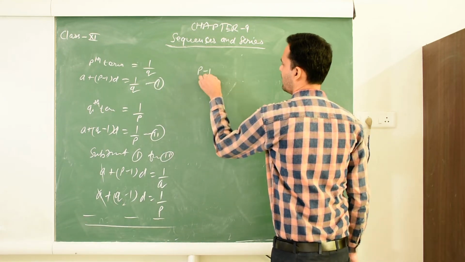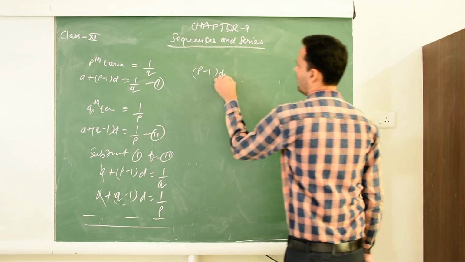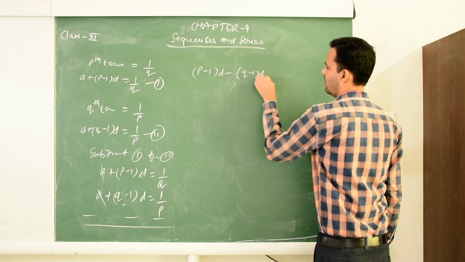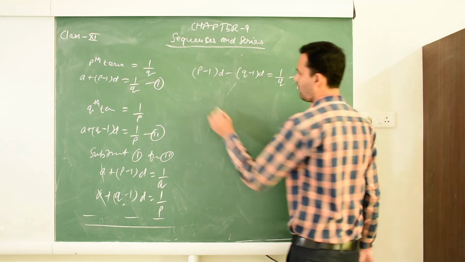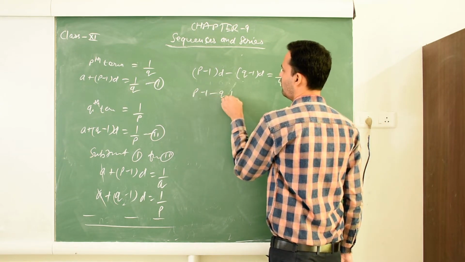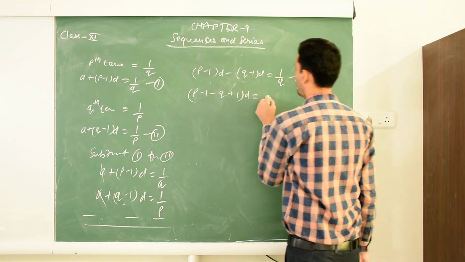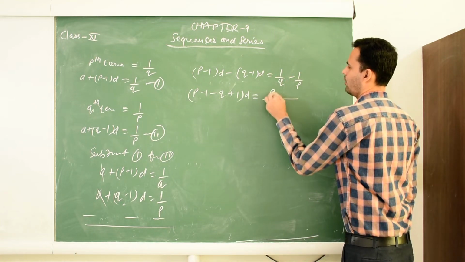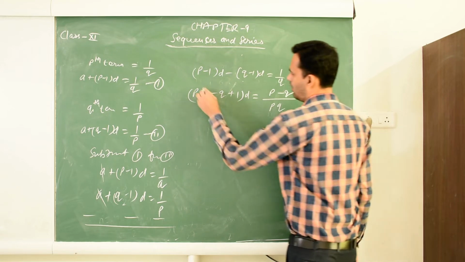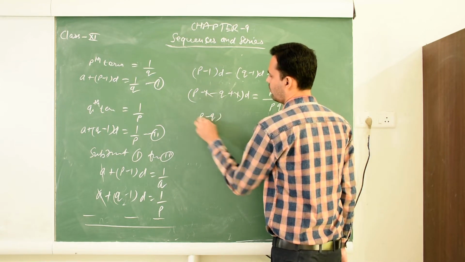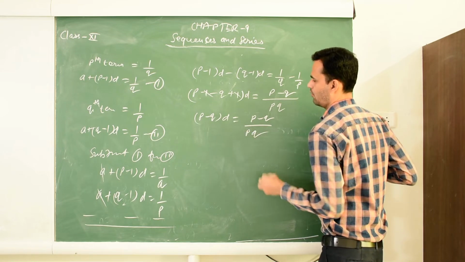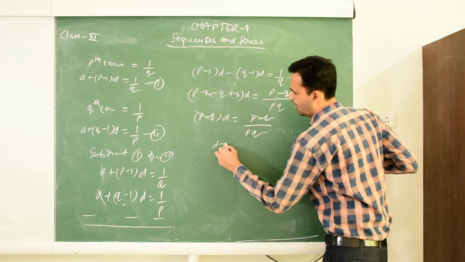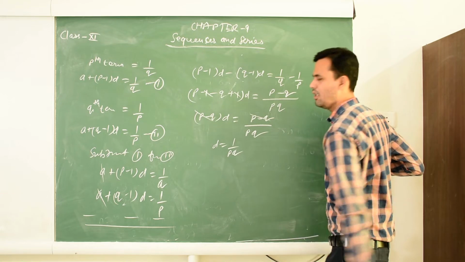It is (p minus 1) into d minus (q minus 1) into d equals 1 upon q minus 1 upon p. So (p minus 1 minus q plus 1) into d equals (p minus q) upon pq. These two cancel, so (p minus q) into d equals (p minus q) upon pq. P minus q cancels. The value of d is 1 upon pq.